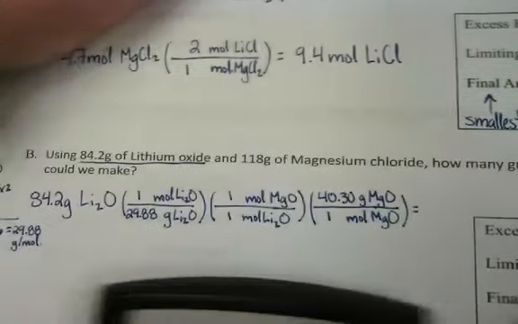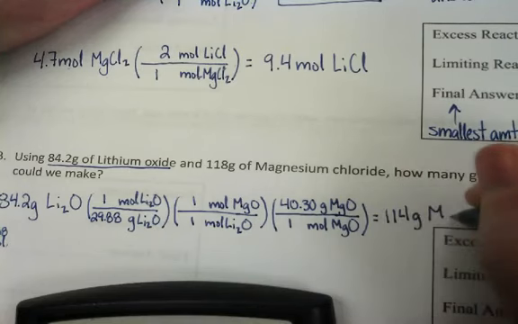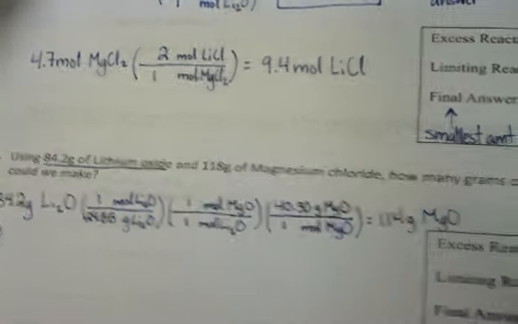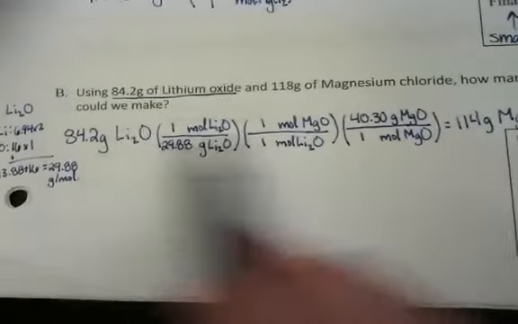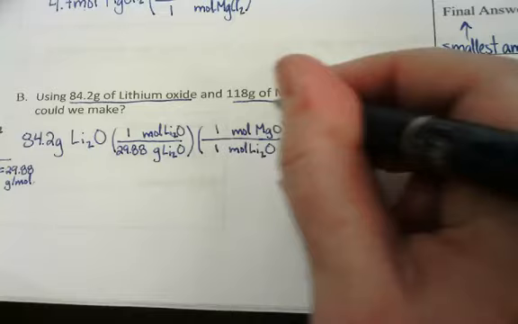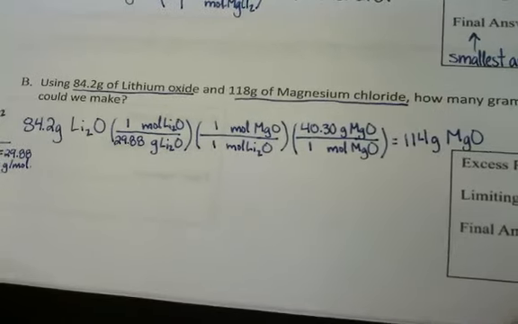But using sig figs, we have 3. So our final answer here is going to be 114 grams of magnesium oxide. However, that is not our final answer for the problem, because we did this using lithium oxide. But we were also given grams of magnesium chloride.